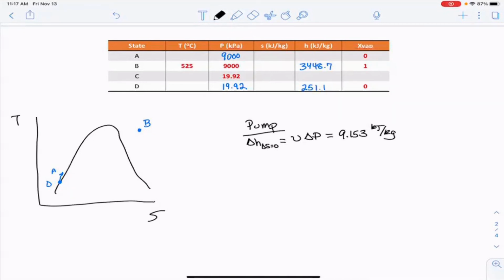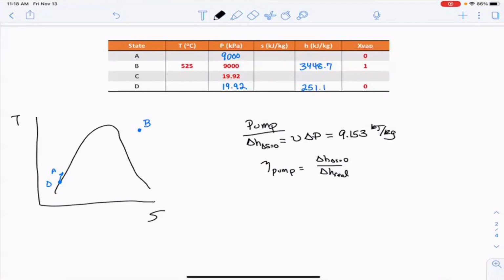Well, the efficiency for a pump is actually equal to the isentropic case over the real case, right? Because the isentropic case has the least amount of work that you could ever do.